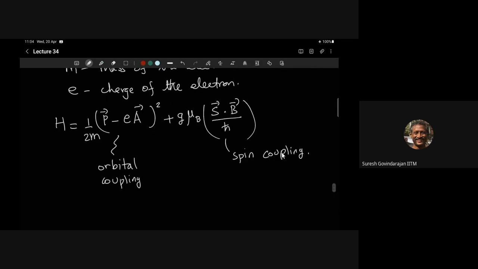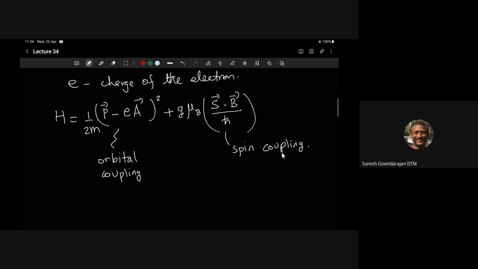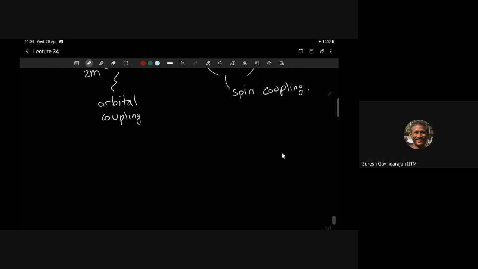But for today's lecture, I will ignore the spin part. We can do all of them together, but it just becomes a mess. So we will do only the first part. One thing we saw was that classically there can be no magnetic response.